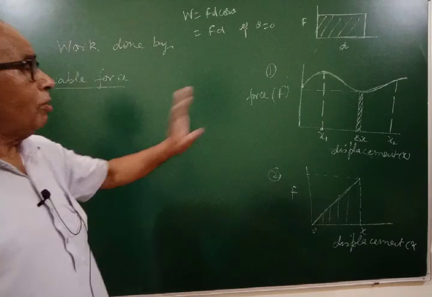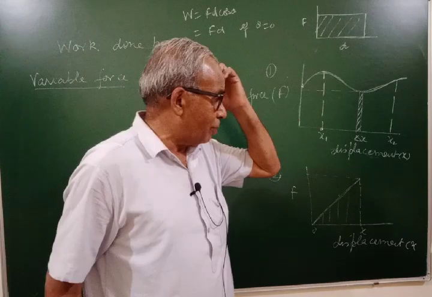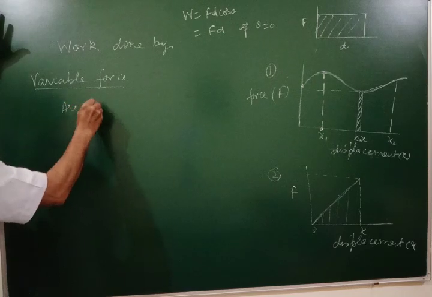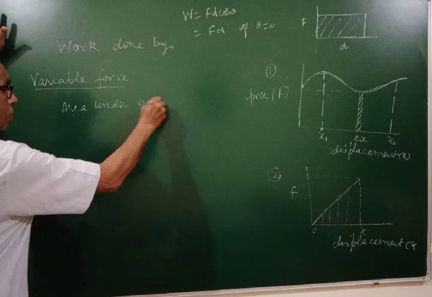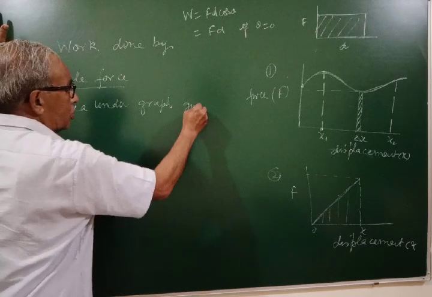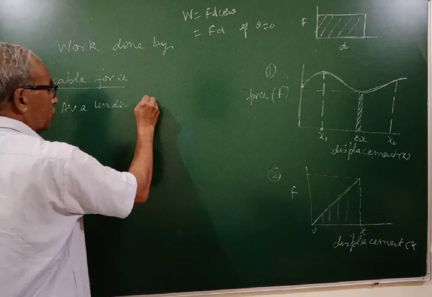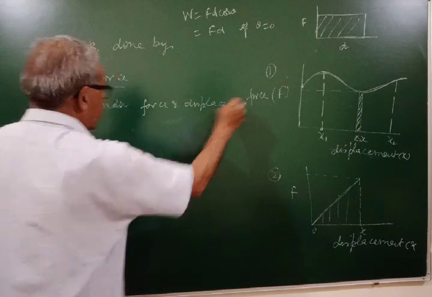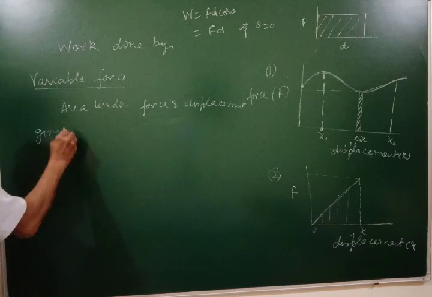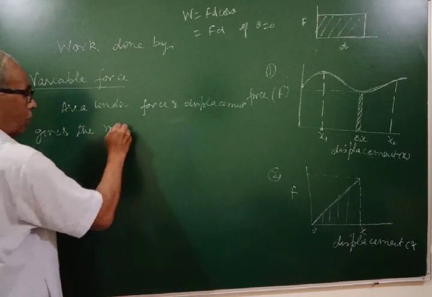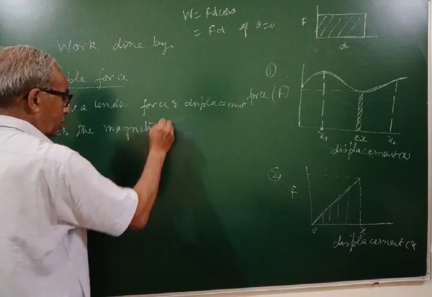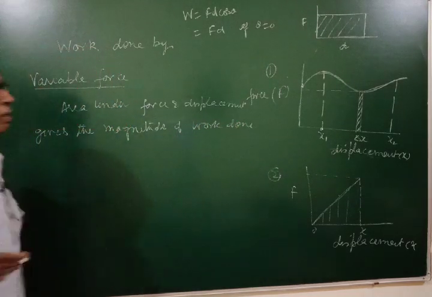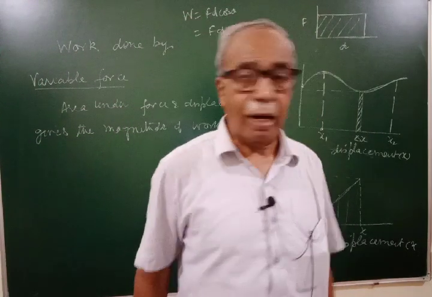So one method is this: we plot the graph between force and displacement, and the area under the force and displacement graph gives us the magnitude, the quantity, of work done.